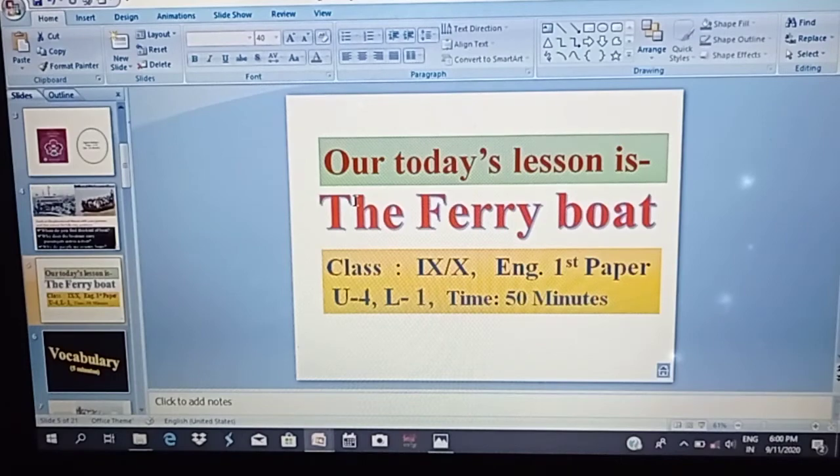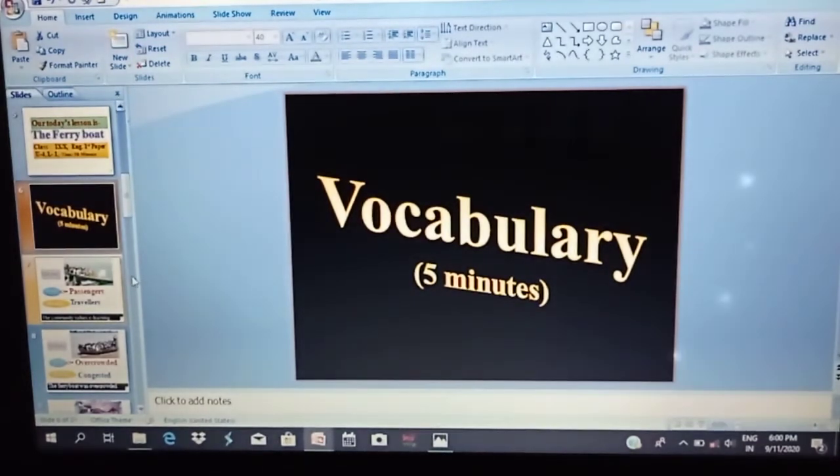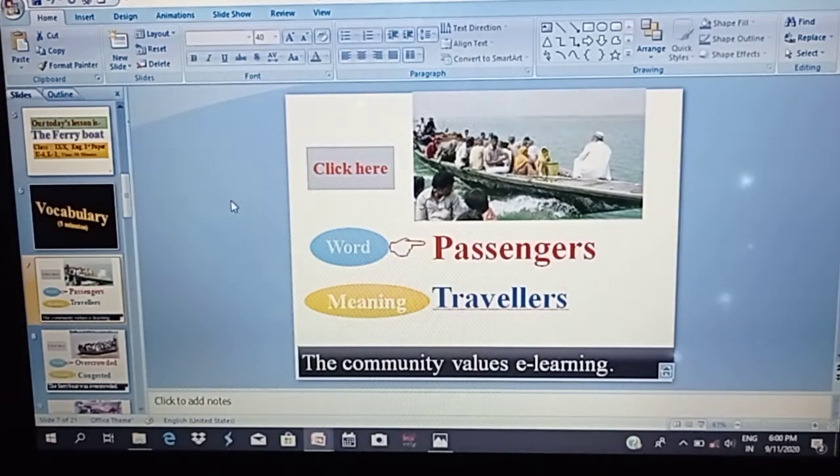So today we will learn the topic, the ferry boat, from our text. At first, before going through the whole passage, we will learn some vocabulary which you may feel difficult or new. So at first we'll discuss some new words.